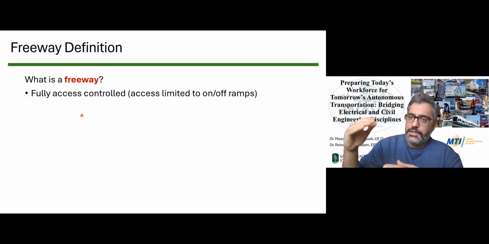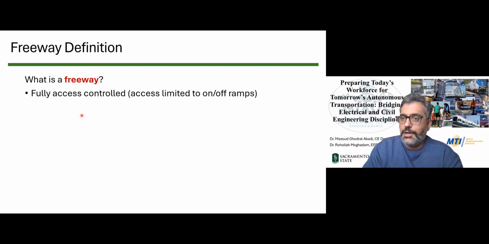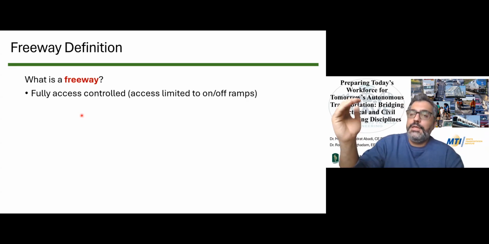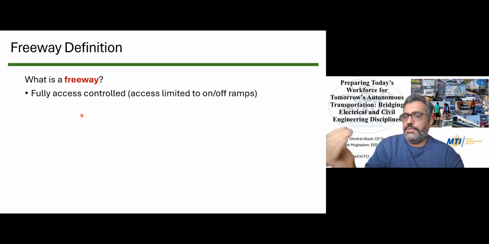As we move up, the access is more restricted. You would never see a driveway flowing into a freeway or a highway. So access is restricted and mobility is increased, and mobility, in terms of speed for example, would be a good measure there.